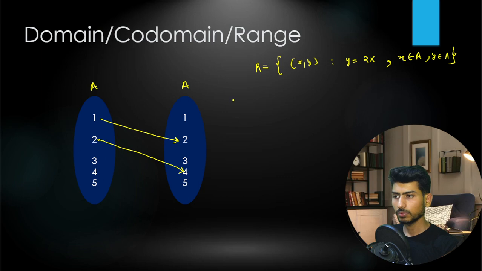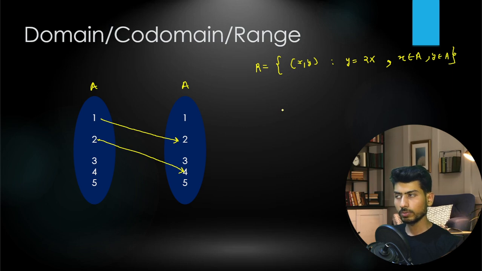So what is the domain here? Basically, domain are those values whose output exists. If I make you understand in terms of function, then basically a function is a machine in between.